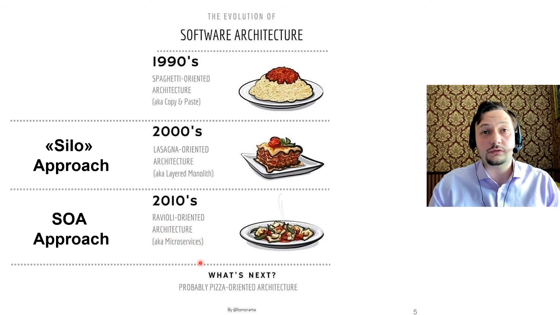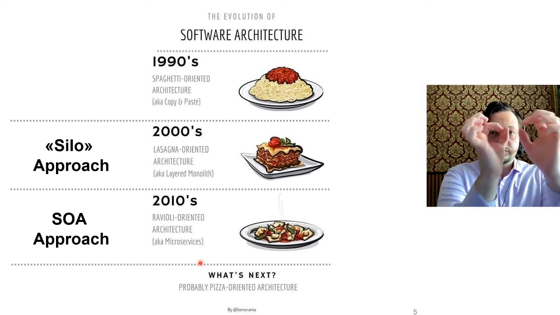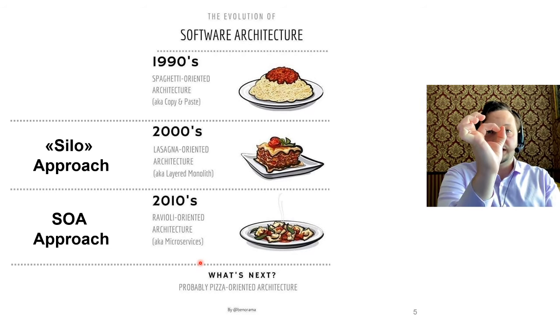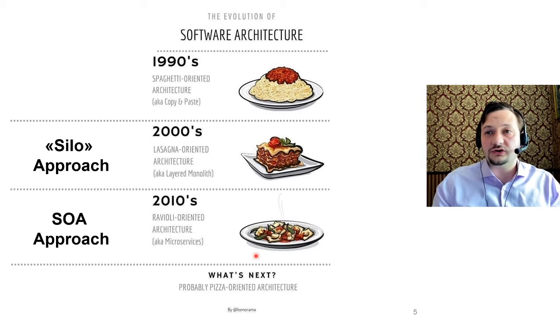Ravioli is like lasagna, but very small, and it has a specifically designed interface so the pieces can be consumed one by one without the internals ending up on the plate.